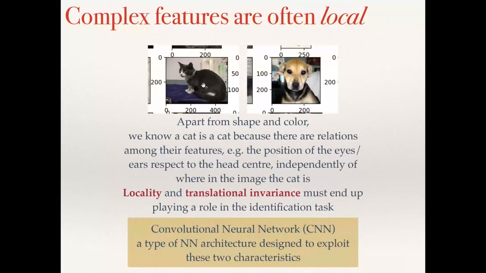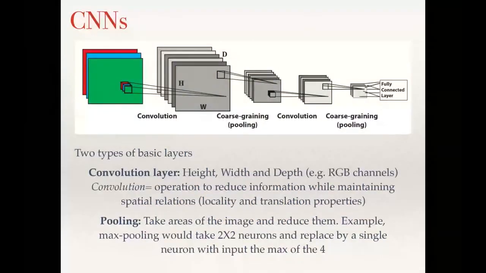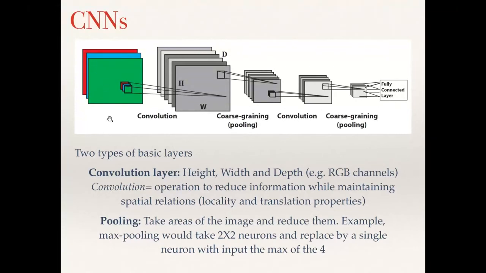So a simplification we can make to the image is to break it in pieces, in areas, and take, for example, each 4 pixels, a matrix of 2 by 2, and substitute it by 1 pixel with the highest intensity of color.